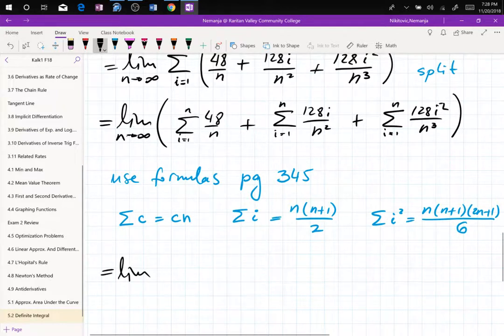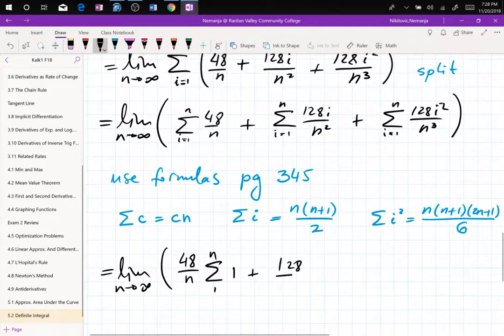So limit n goes to infinity, open parenthesis, and I kick out 48 over n in front of the summation. I just have 1 inside. Plus kick out 128 over n squared. You have just i inside.